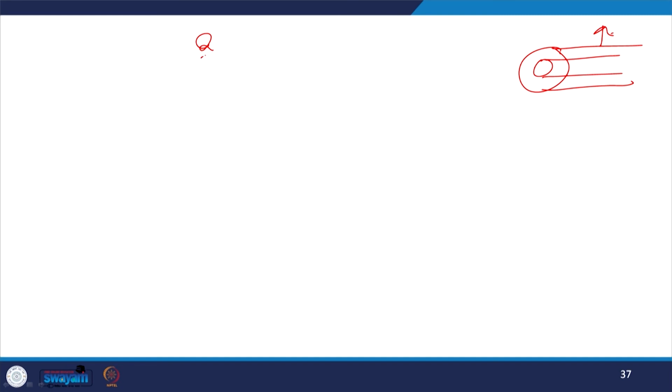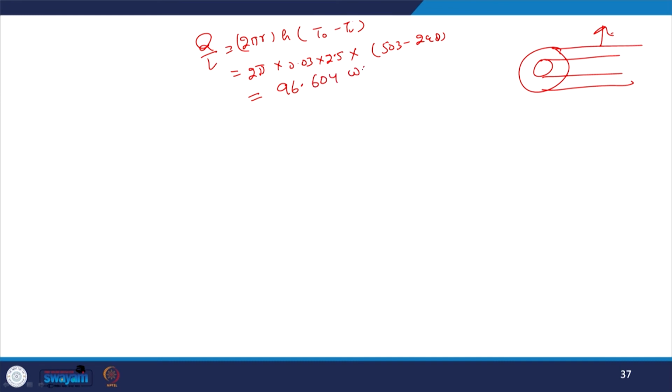So we can write Q = 2πrh(T0 − Ti), which is 2π × 0.03 × 2.5 × (503 − 298), and that comes out to be 96.604 watt per meter.